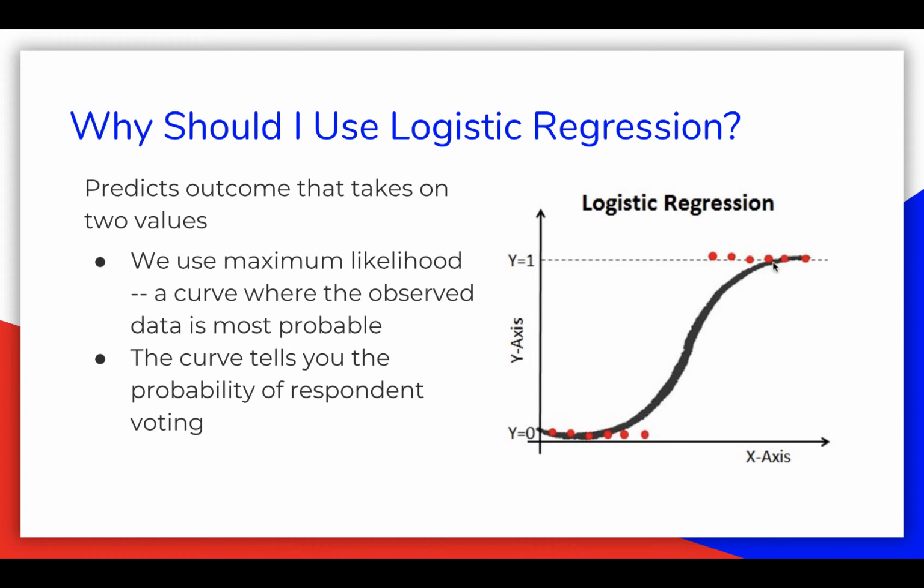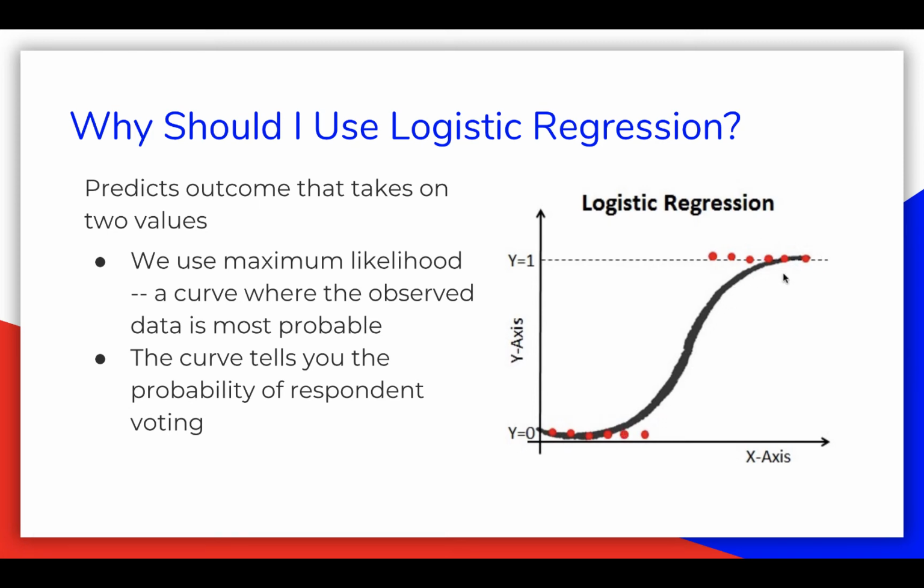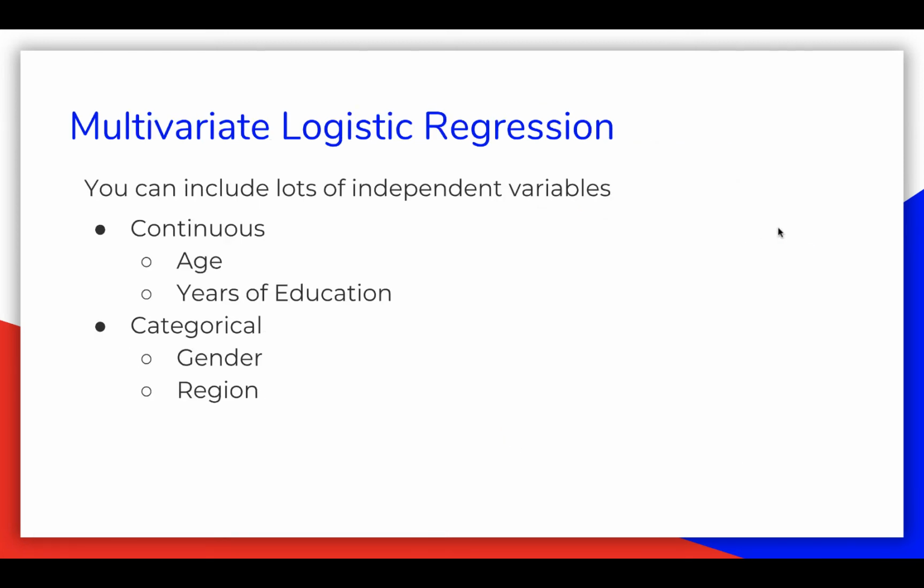The predicted probability is a bit higher, probably closer to 97%. So this curve helps us tell the predicted probability of someone with these characteristics along the x-axis voting, or whatever takes on the value of 1.